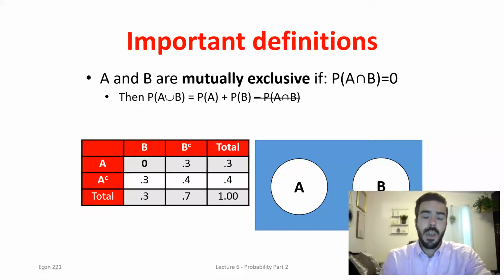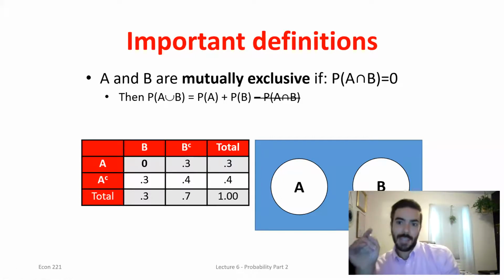Also, if we know that two events are mutually exclusive, that their intersection, the probability has to be 0, that means if they're mutually exclusive and we have a contingency table showing the probability of the intersection of those two events, it should be 0. So if I give you a contingency table and I ask you if two events are mutually exclusive, if you don't see a 0 in that contingency table, there's no way they're mutually exclusive, right?